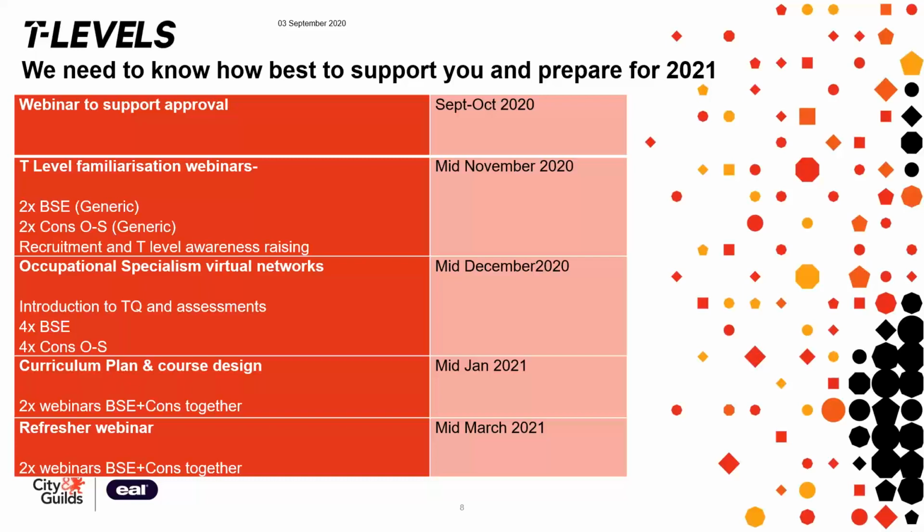Just on the point around online resources and schemes of work, for ourselves, we host a number of resources at the moment across construction and building services through our Smart Screen platform. The answer to some of that around resourcing and our digital resources is yes, we will have resources available for T-levels in readiness for when these products go live next September.